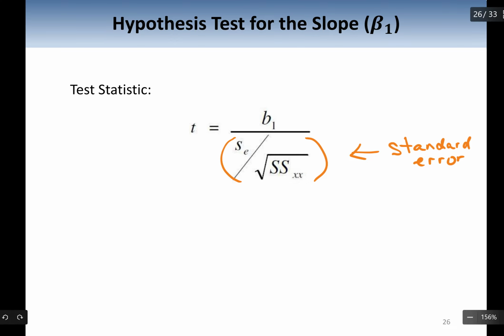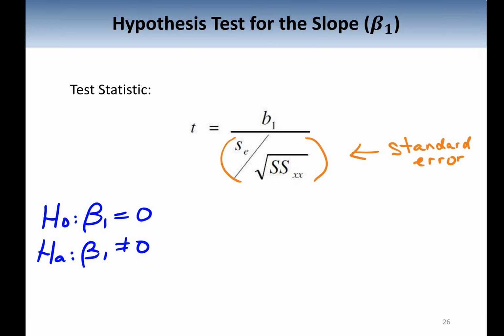So if we were to carry on with our online example using the support chat feature with our 5 customers and the online sales, we can conduct the test for the slope, beta 1 equals 0. We'll make this a 2-sided test, with alternative hypothesis beta 1 does not equal 0. And then we can just plug in our values for t.